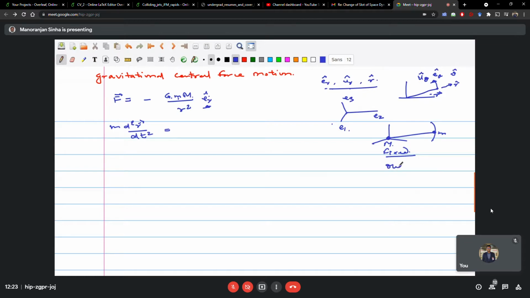This is a one body problem, which we are studying as central force motion. If this body and this body both are free to move, then it becomes a two body problem. So we are not treating that. It will come at a later stage.